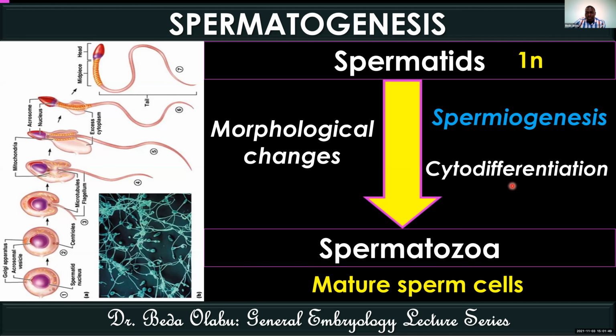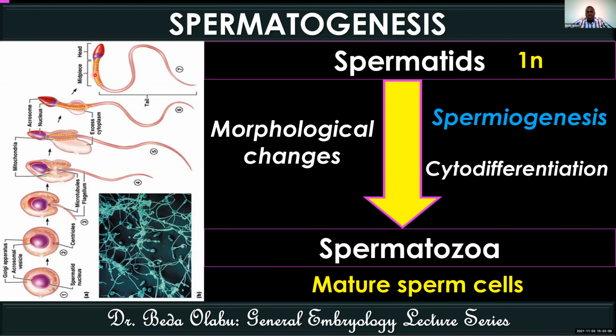Now, the spermatozoa that is formed from spermiogenesis is the mature sperm cell. Although it's the mature sperm cell, it may not yet be ready for fertilization.